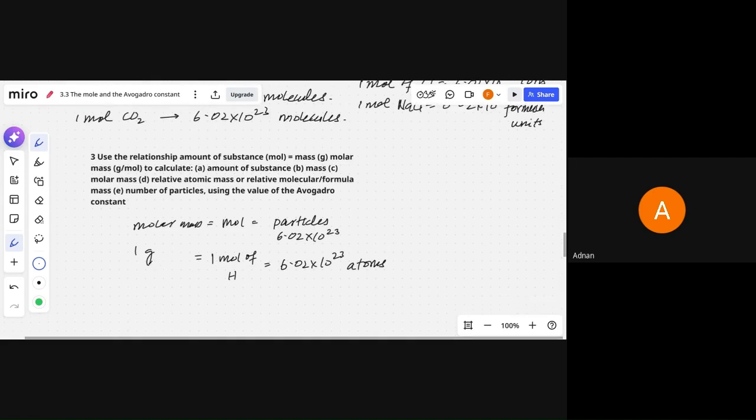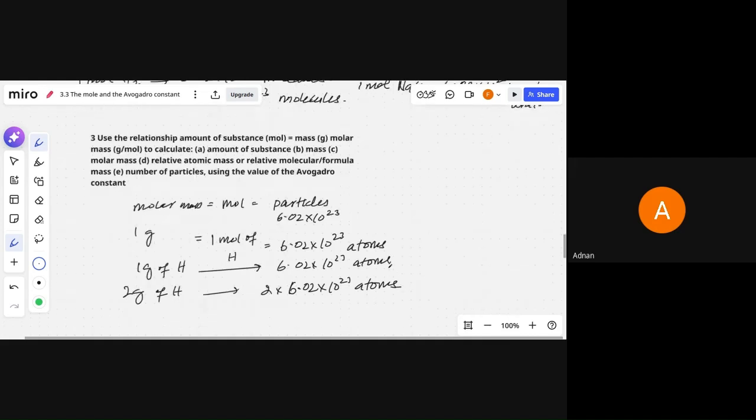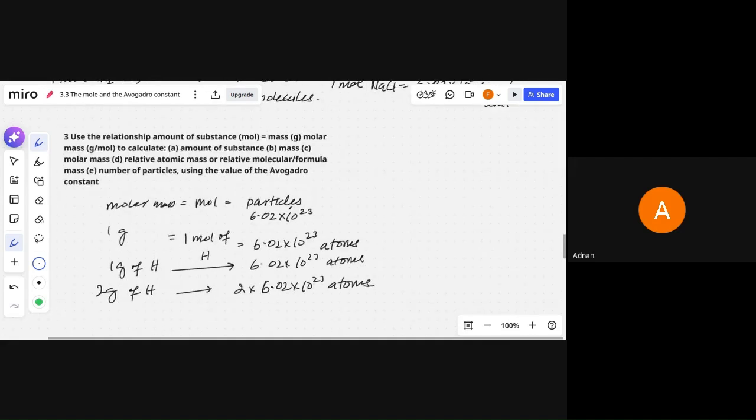Since all three of these values are equal, I can say that 1 gram of hydrogen contains 6.02 times 10 to the 23 atoms, and 2 grams of hydrogen will contain 2 times 6.02 times 10 to the 23 atoms. This is important, so you should practice converting number of atoms into moles and mass, and converting mass into moles and number of particles.